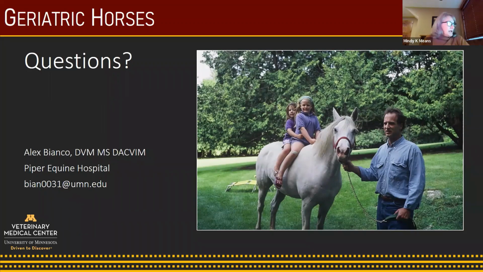And what steps should I be prepared to take if she goes down in her stall or in the paddock? Another issue is that our older horses, especially in the winter, when we're slipping on the ice, or if they just go down and can't get up, that is always a scary situation for an owner. One thing to remember is that sometimes it's because they can't get up, and sometimes it's just because they're exhausted.